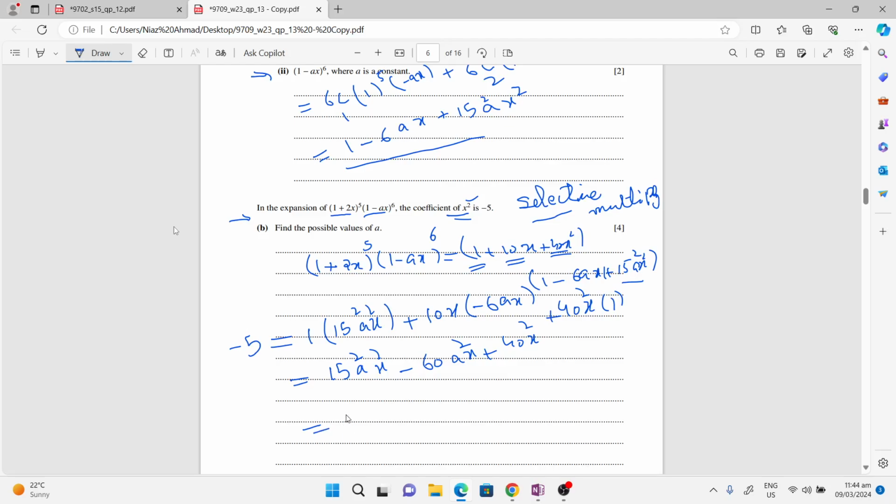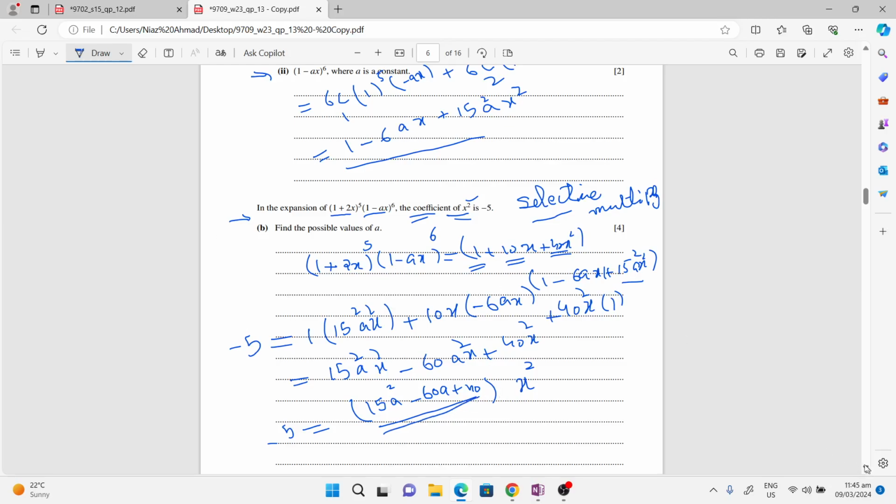Take x square common. When you take x square common, everything left will be the coefficient of x square, and the coefficient of x square is minus 5, that's already mentioned. So inside it is 15a square minus 60a plus 40, and that is equal to minus 5. Look, this is the coefficient of x square.